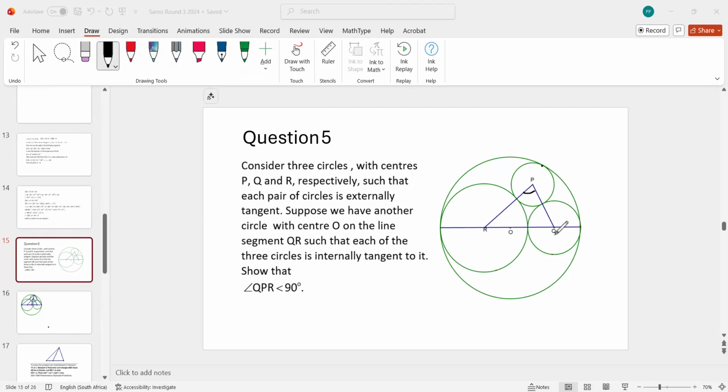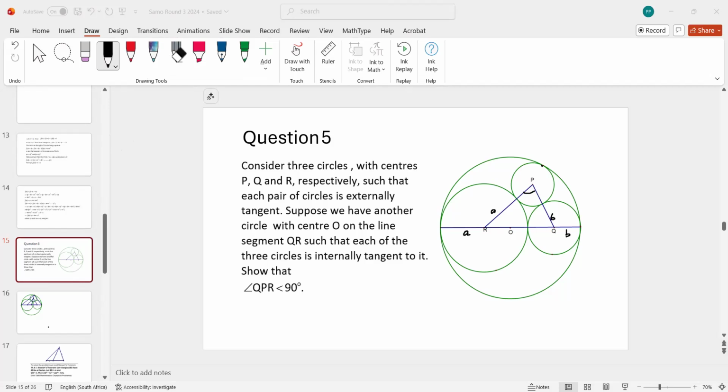So what we did was, let's give names to the radii of the circles. Let's call this radius A, this radius B. So you have that this is A, and this is B. Now there is another circle here which is tangent to this one.